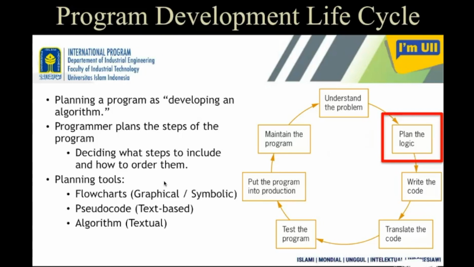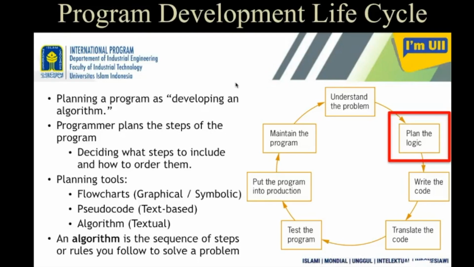For planning, you have different ways: flowchart, pseudocode, algorithm, and a fourth, hierarchical tools, by which you can plan to solve a particular computer problem. An algorithm is a sequence of steps or rules you follow to solve a particular problem.